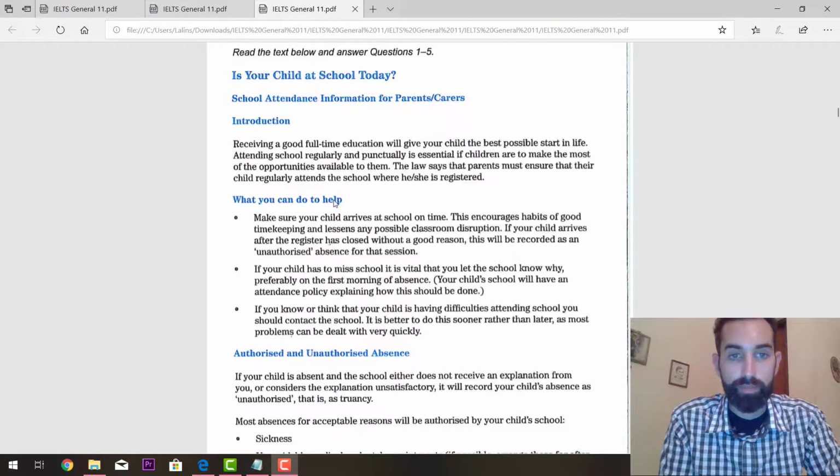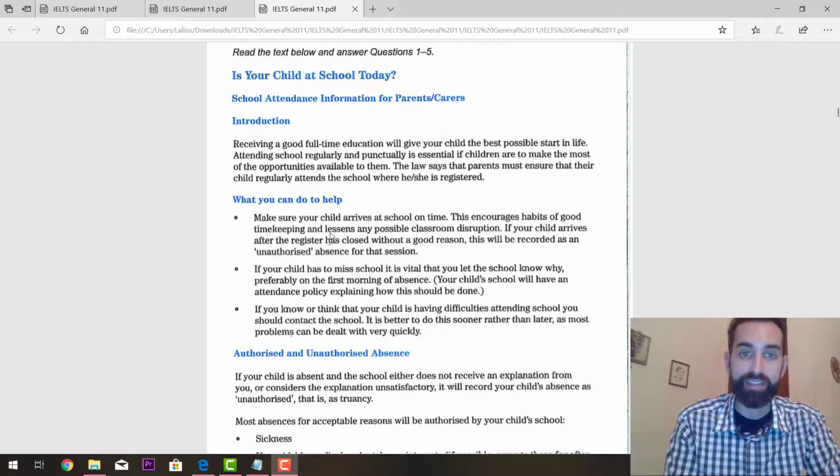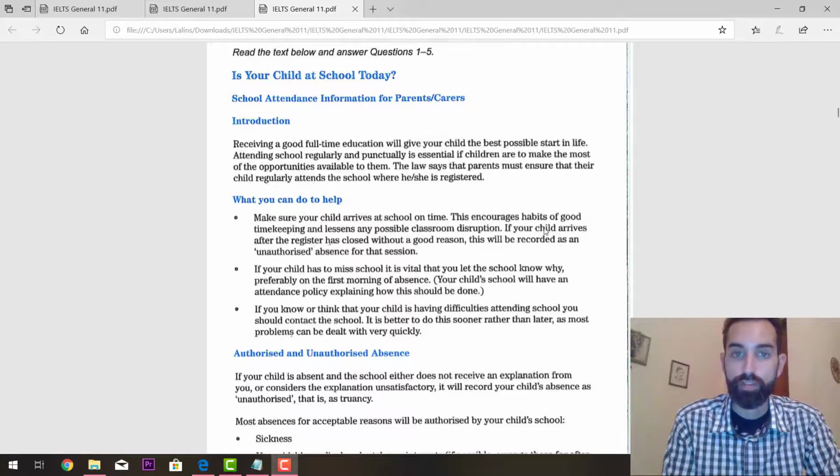What you can do to help. Make sure your child arrives at school on time. This encourages habits of good timekeeping and lessens any possible classroom disruption. If your child arrives after the register has closed without a good reason, this will be recorded as an unauthorized absence for that session.